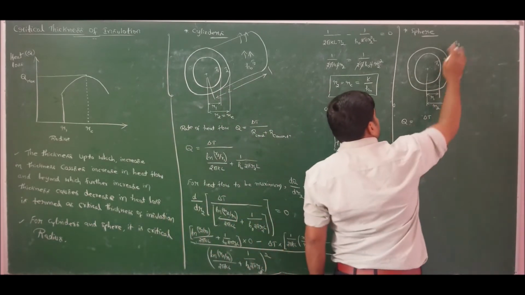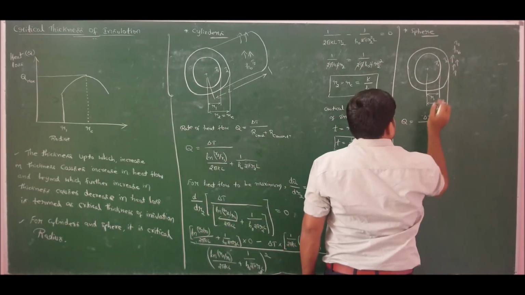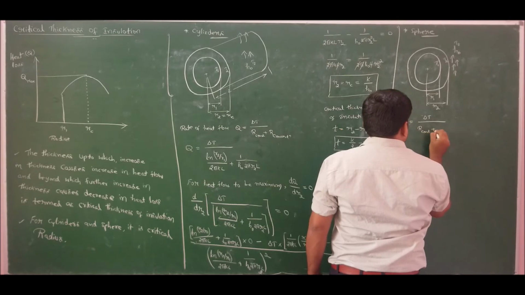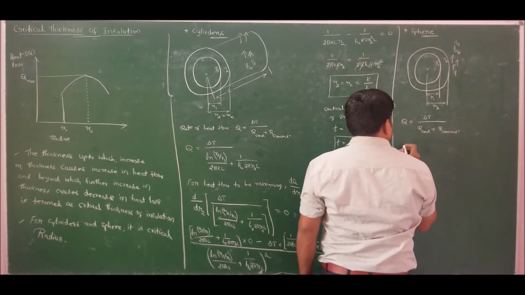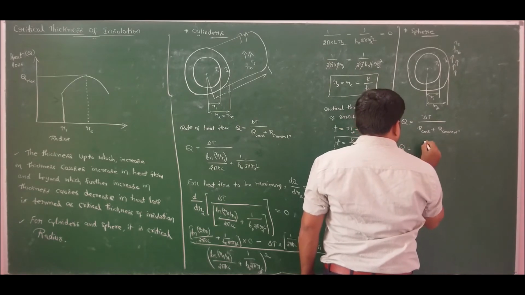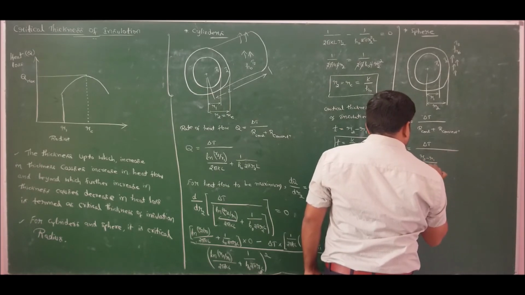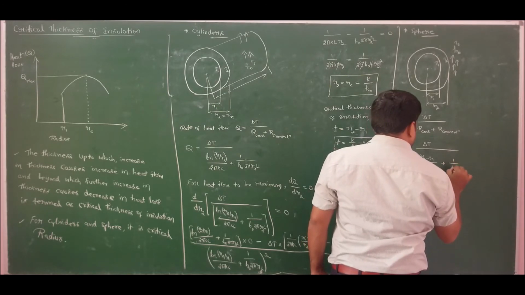Now delta T is T1 minus T3 divided by the sum of resistances, which is the resistance due to conduction plus the resistance due to convection. Now Q will become delta T divided by the conduction resistance, R2 minus R1 divided by 4 pi K R1 R2, plus 1 by h naught 4 pi R2 square.